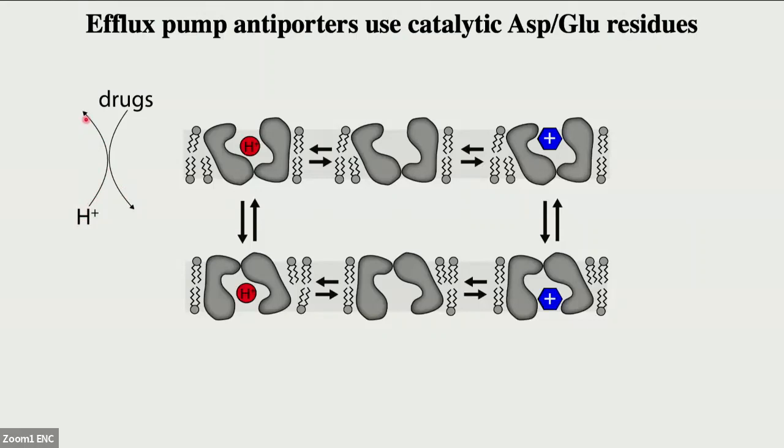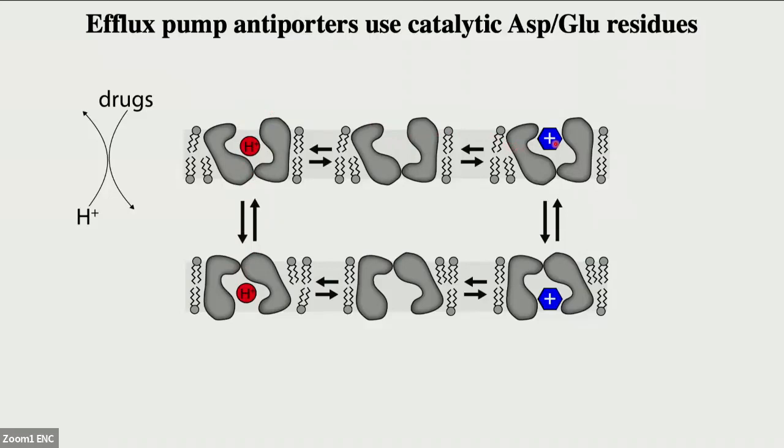And in these antiporters, the catalytic residues in just about every one of them are aspartate and glutamate residues, residues that can bind and release protons and undergo acid-base chemistry. So they can bind to protons through these glutamate and aspartate residues. They can release them on the other side of the membrane. This process is called an alternating access mechanism, where they can move some substrate across the membrane. They can also undergo deprotonation and bind different substrates.